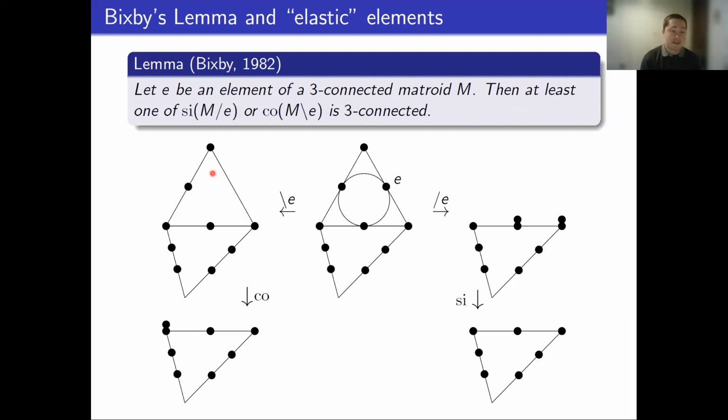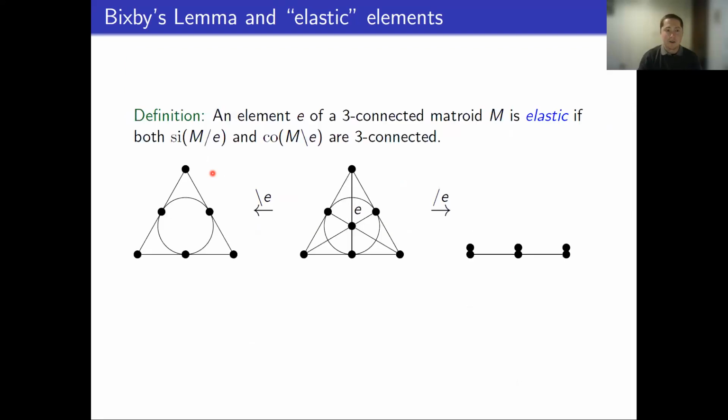But that actually produces a parallel pair, which breaks 3-connectivity again. So we've got this idea of Bixby's that we get at least one of these two things. And today, we're going to think about elements which do both.